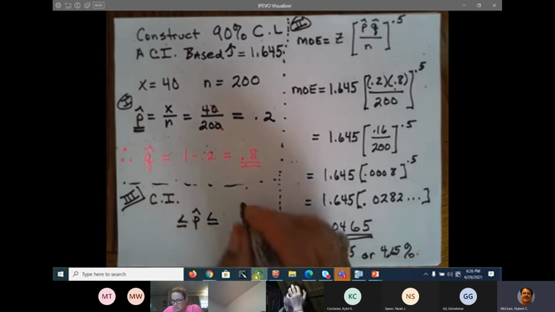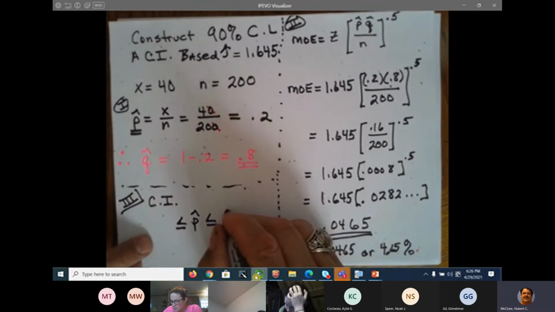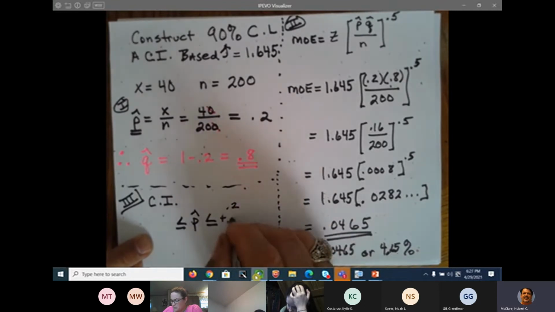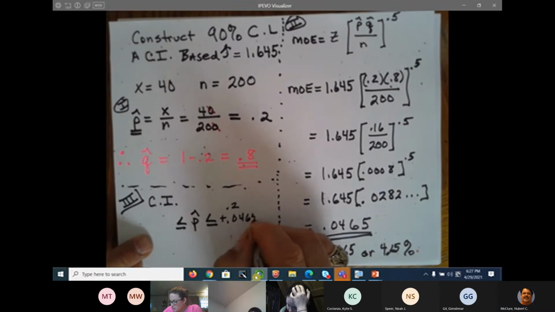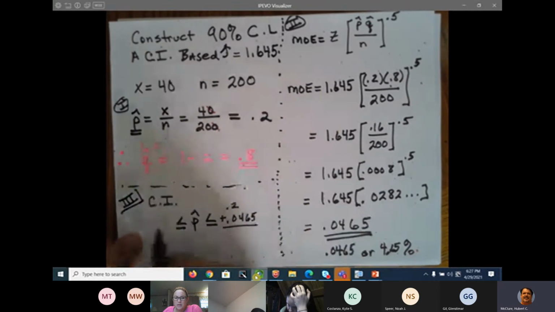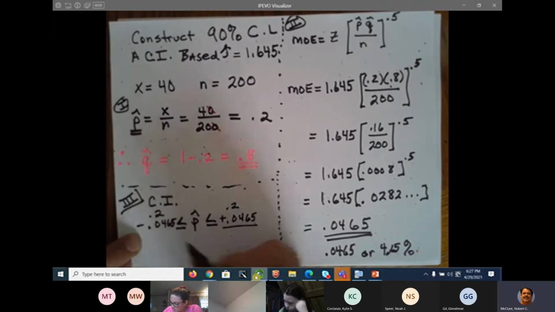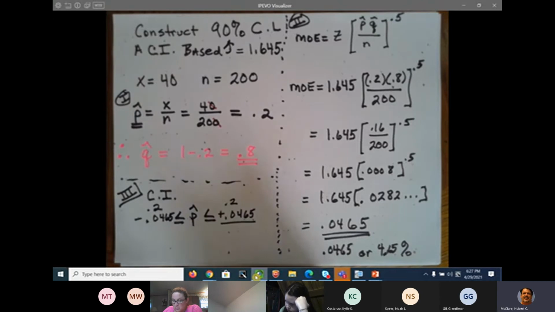And then over here, you're going to put P hat, which is 0.2, plus 0.0465. And over on the other side you subtract it, minus 0.0465. So on the right, you're going to get 0.2465.